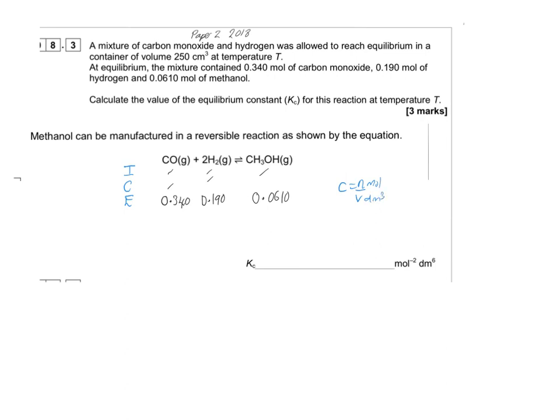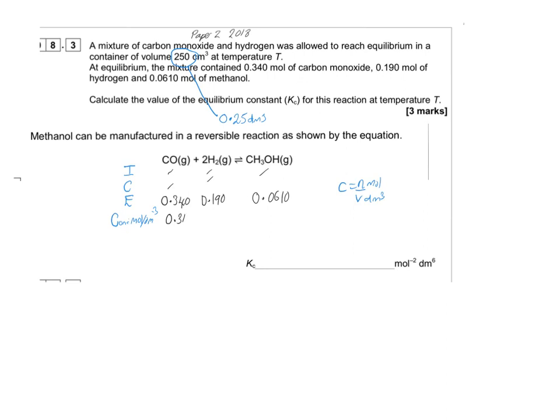Well, in this case, the volume is in centimetres cubed, so we'll just annotate that and tell ourselves that that is 0.5 decimeters cubed. So we can now write down the molar concentration in moles per decimeter cubed. So each of these equilibrium amounts will need to be converted into concentration.